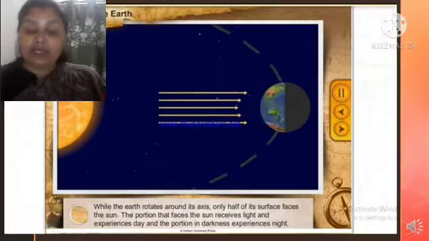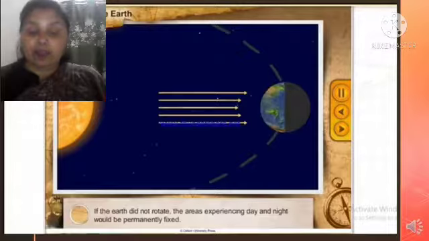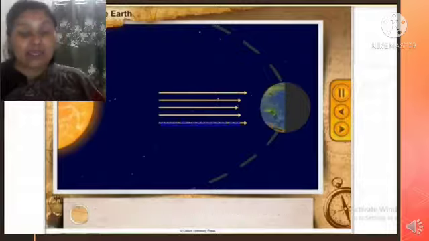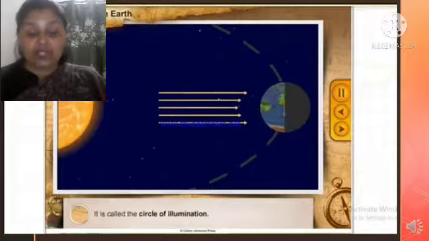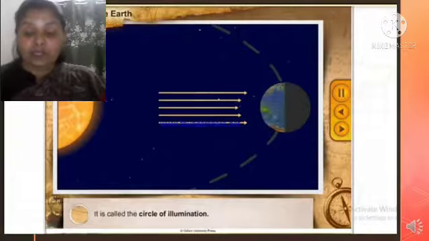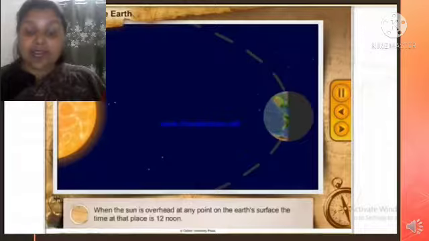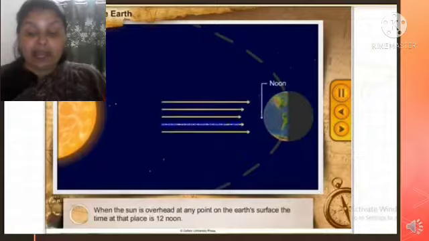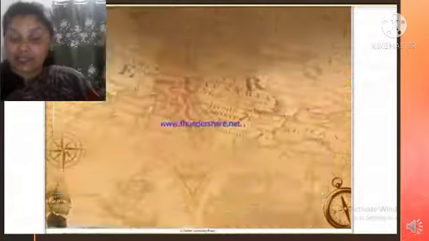The earth rotates on its own axis. It is always spinning round and round like a top, and that tilts at one side. And this spinning of the earth is called rotation. The axis of the earth is positioned at an angle of 23.5 degrees, and the earth rotates from west towards east direction.